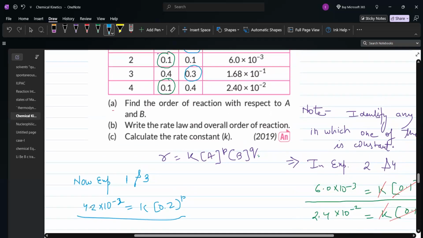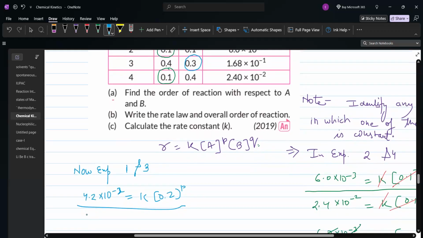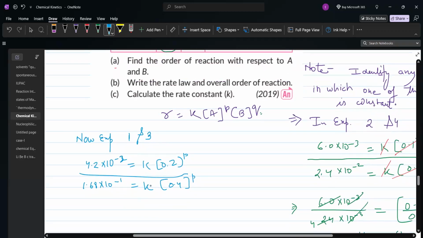So 4.2 into 10 to the power of minus 2 and 1.68 into 10 to the power of minus 1 is equal to k times 0.4 to the power of p. We don't have to write k, but still I've written it. Done till here, both of you? Yes, sir.